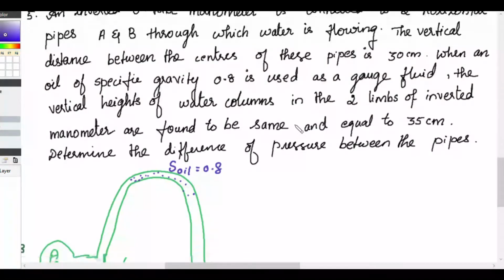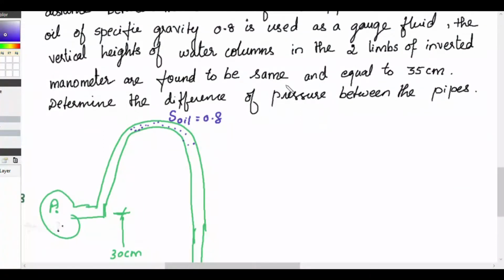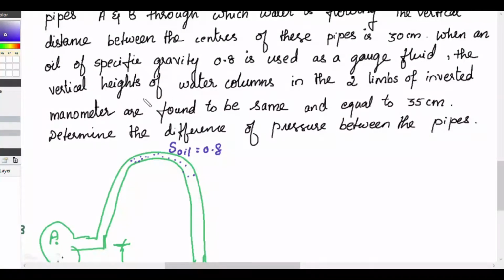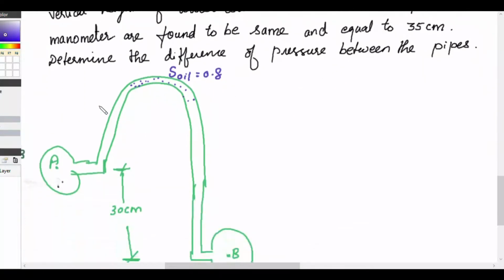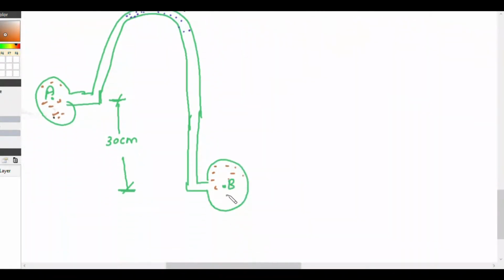It is said that this consists of water, right? A consists of water and B consists of water. So A and B consist of water.